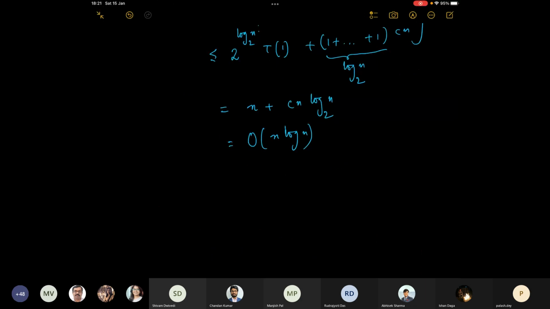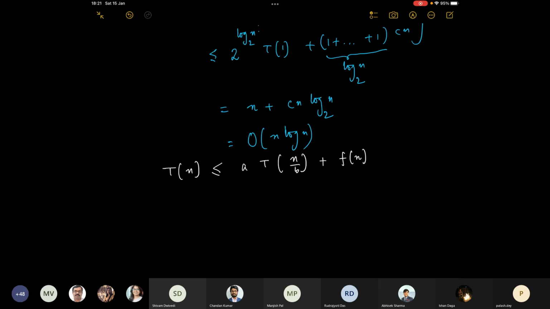The recurrence relation that we are interested in for algorithm analysis mostly has this sort of form: T(n) is less than or equal to aT(n/b) plus f(n). The algorithm makes a many recursive calls on inputs of size n/b and performs some computation, and that computation takes f(n) time.